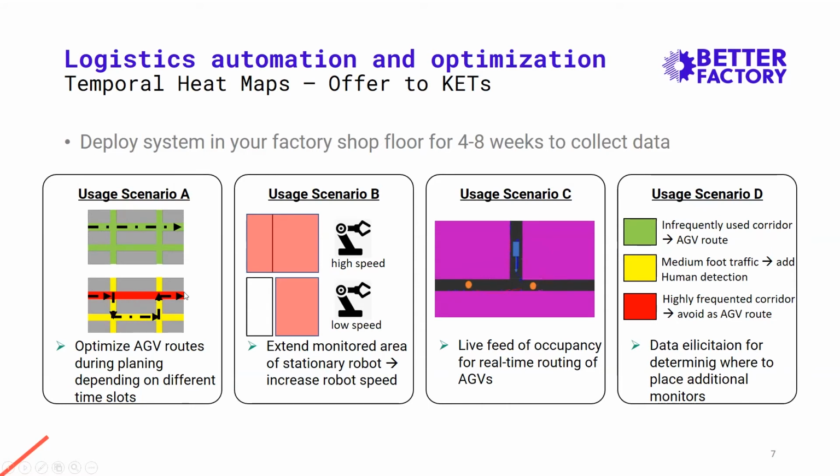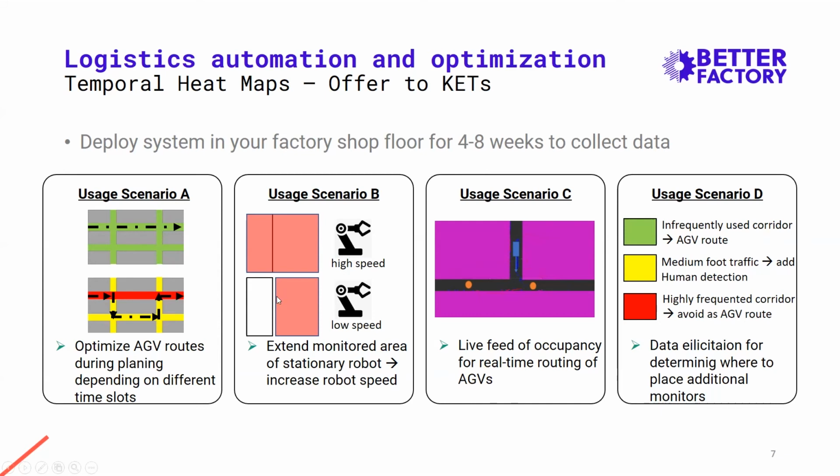Another usage scenario is that sometimes you have stationary robots with laser scanners, and you have this monitored stop approach, where if someone enters the laser scanner field, the robot will stop. The speed of the robot always depends on how much distance you have in the laser scanner: the wider the field, the higher the speed of the robot.